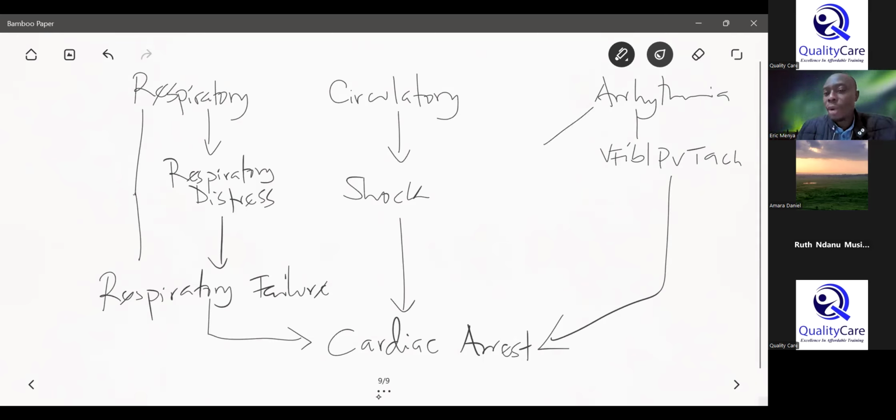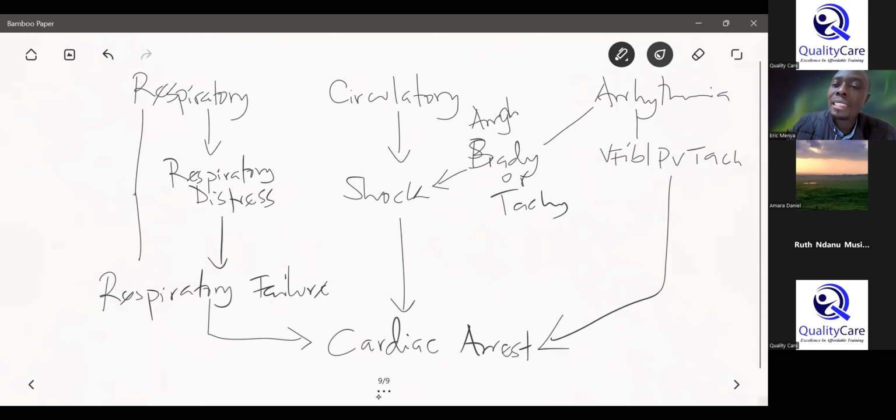However, an added one, they could be in bradycardia or tachycardia, which could lead to shock, so cardiogenic, leading to cardiac arrest, or any other arrhythmia that leads to shock and then cardiac arrest. Those are the channels. So you need to recognize early where you are and intervene.